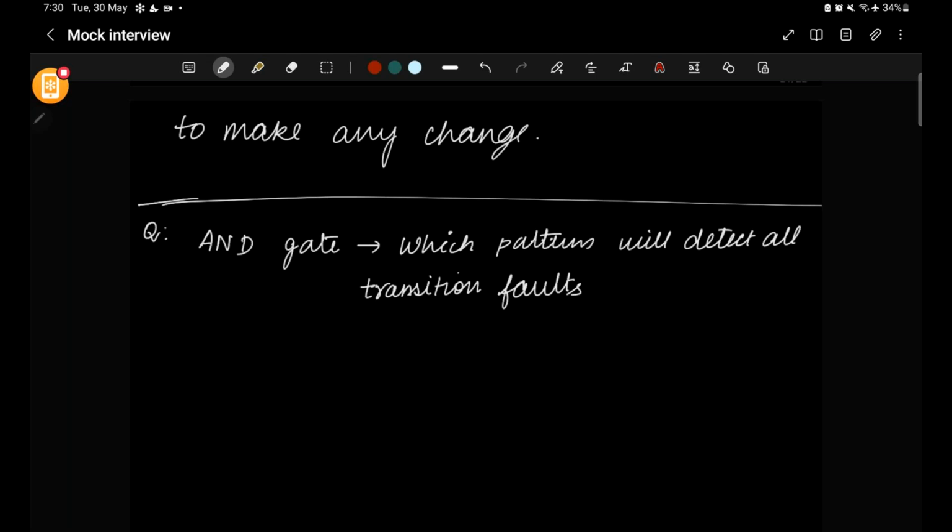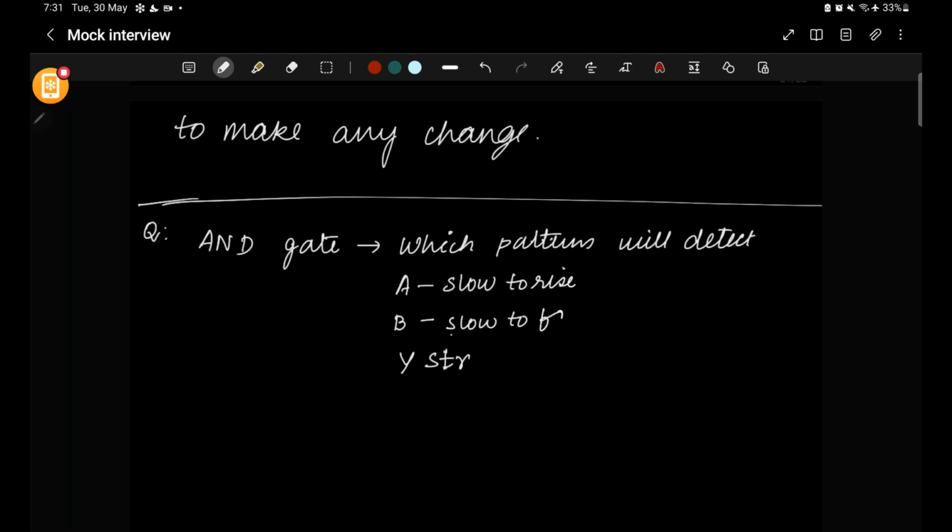Or I'll just give you a few faults. Which patterns will detect A slow to rise, B slow to fall, and Y slow to rise fault?